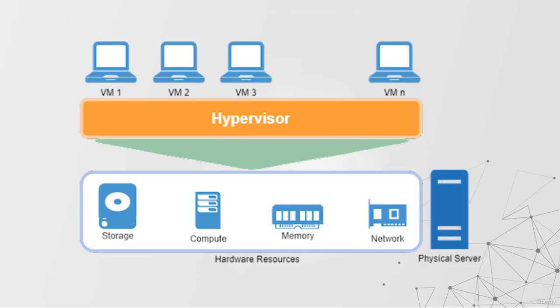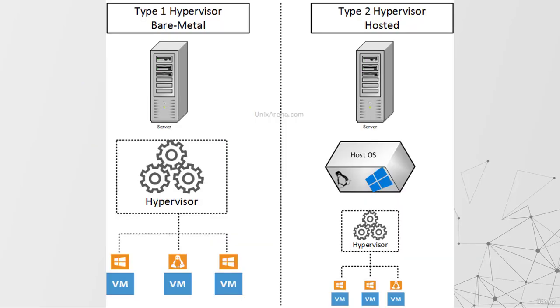Now, virtual machines operate by using a hypervisor, and the hypervisor sits between the hardware and the operating system and allocates resources to the various virtual machines. And there are mainly two types of hypervisors. We've got bare metal, which runs directly on the host's hardware to control the hardware and manage guest operating systems.